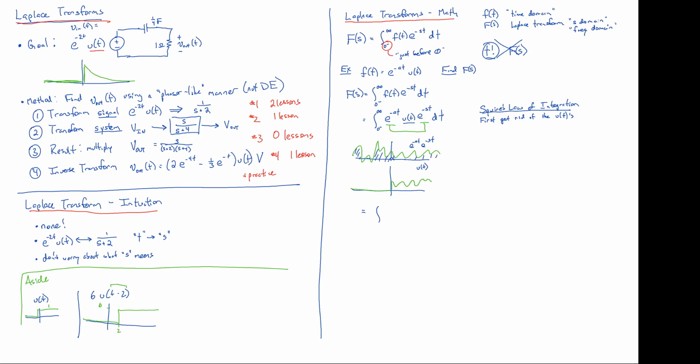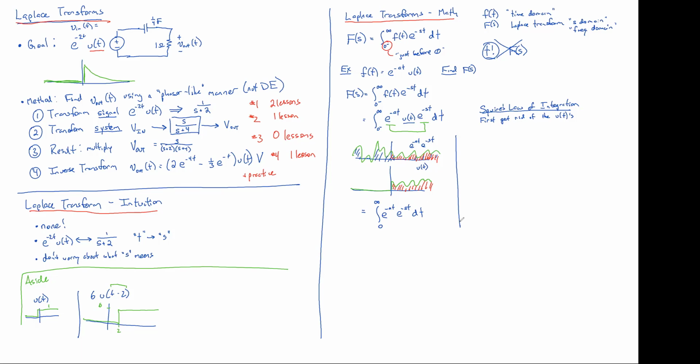So we were only ever interested in that area. Well, that's the same as this area. So in other words, we really haven't done anything. We can just get rid of that entirely. And we have the same result.